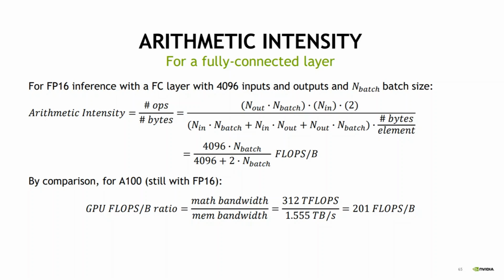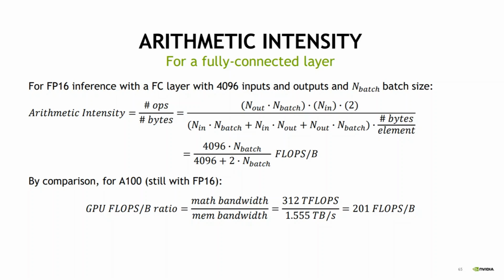This is the number of write operations we have to do to write the results of our layer into GPU memory. As a result, we have this formula: 4096 multiplied by batch size, divided by 4096 plus 2 multiplied by batch size. This is the arithmetic intensity of our fully connected layer with these parameters, in flops per byte.